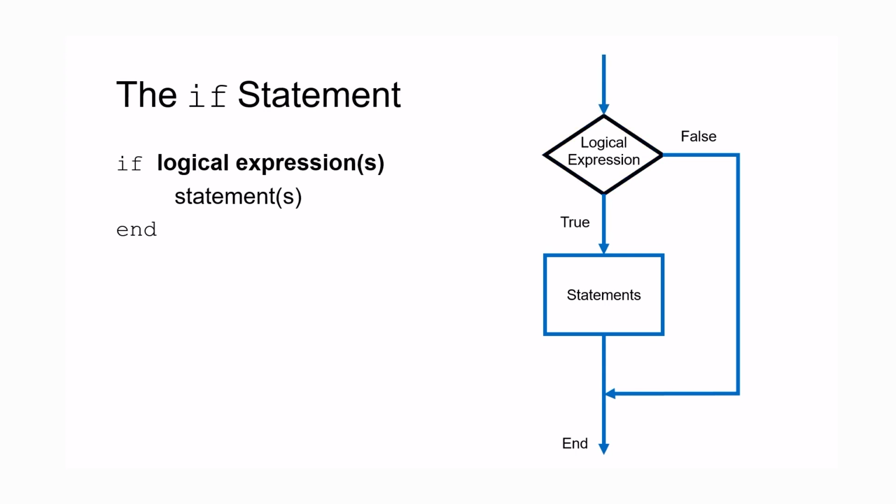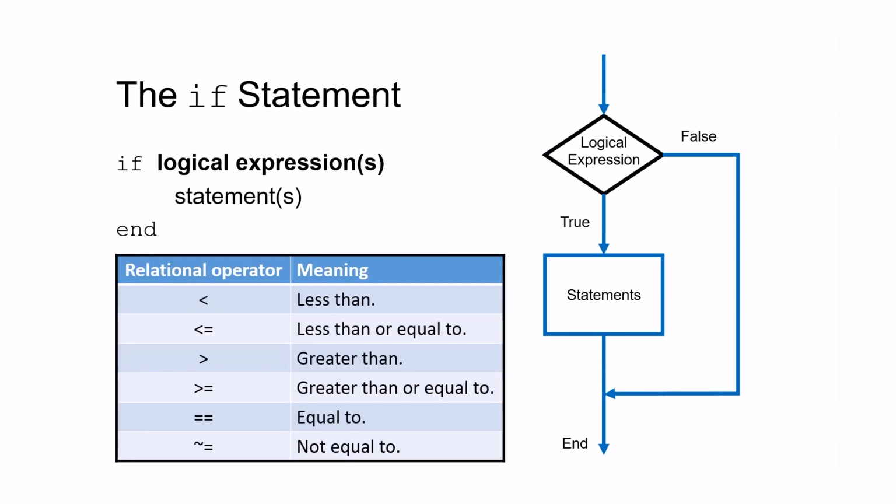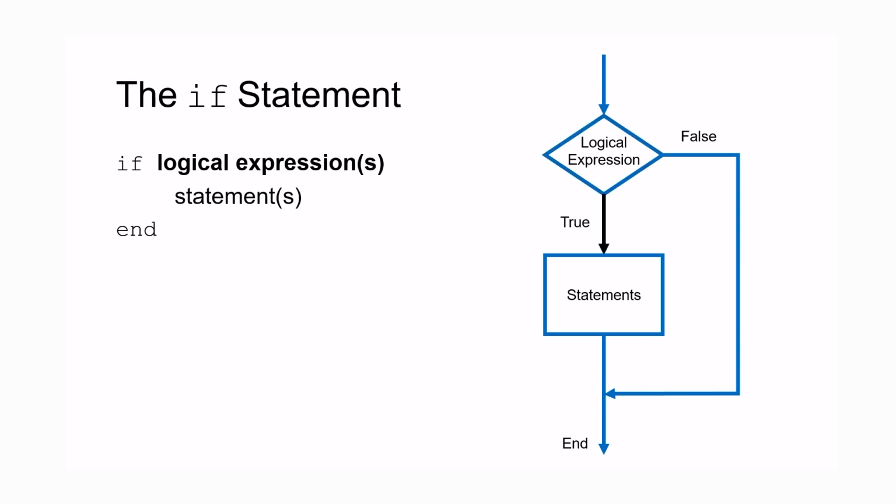This logical expression consists of one or more relational operators such as less than, greater than, or equal to. If this logical expression evaluates to true, then the program will execute one or more statements and then end. However, if this logical expression is false, the program will just end or exit.